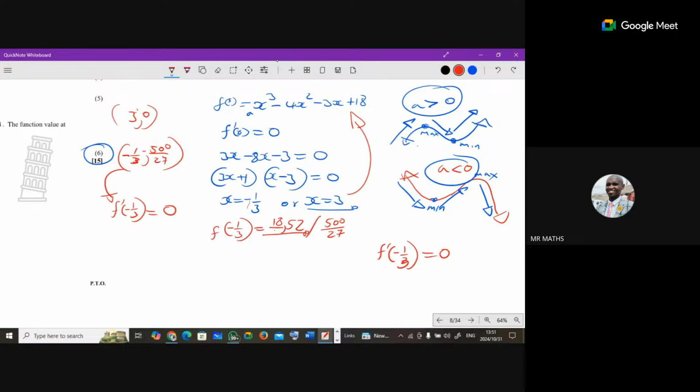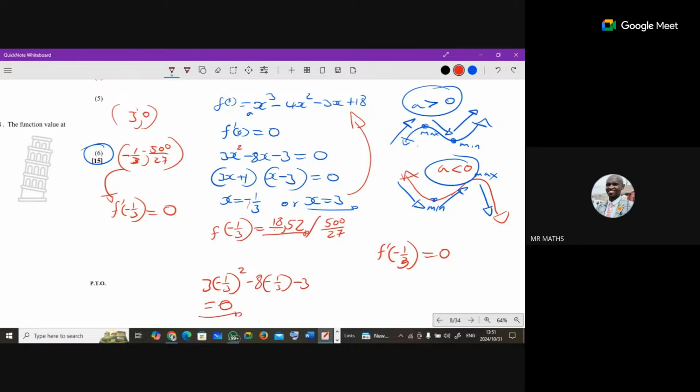So you take the derivative, you will have 3 into negative 1 over 3 squared, minus 8 into negative 1 over 3 minus 3. On the calculator, what do you get? You are getting 0, right? Yes. So we are getting 0.